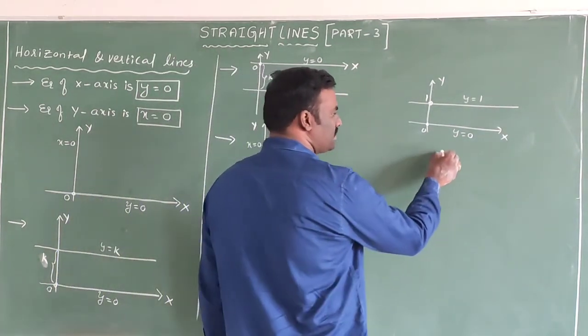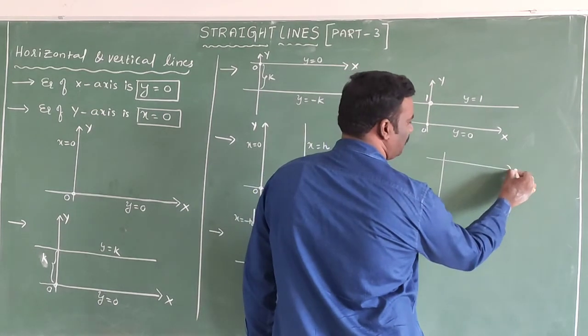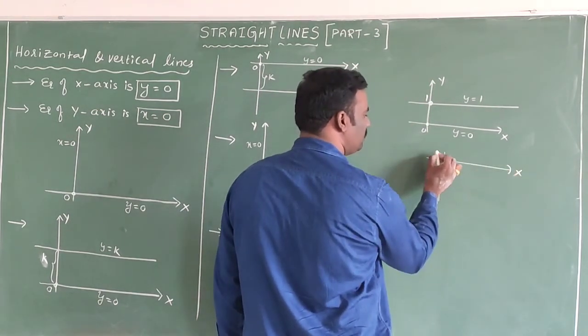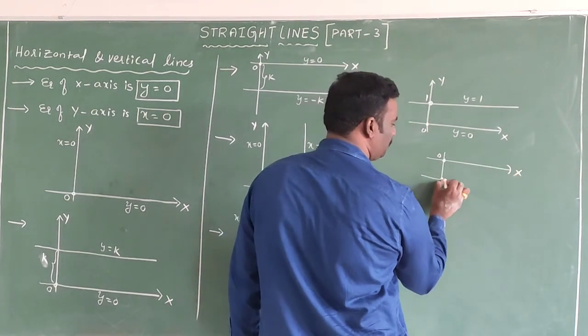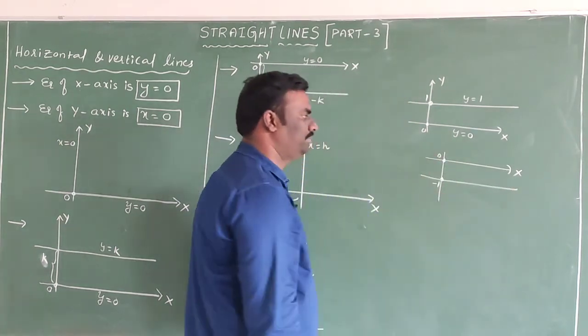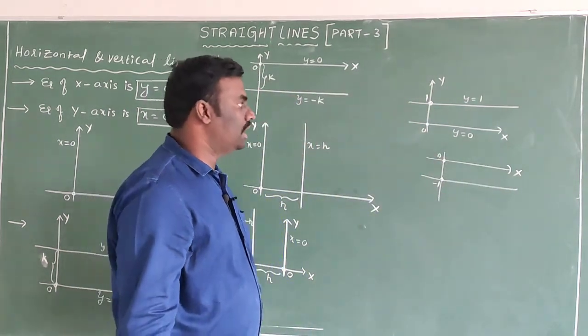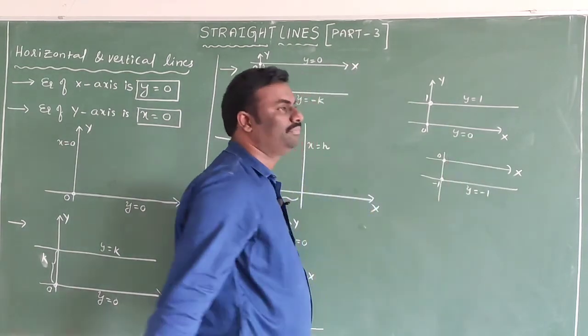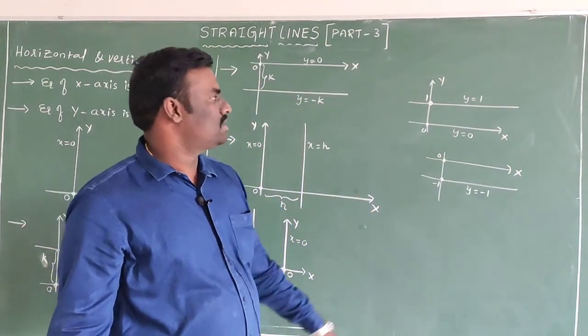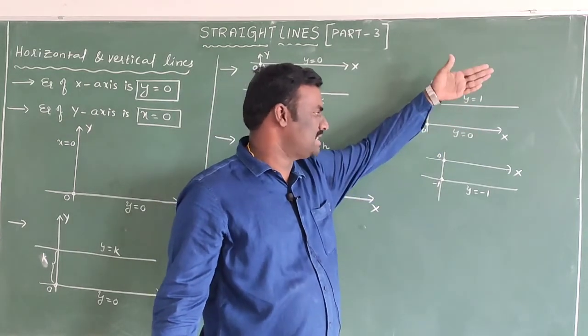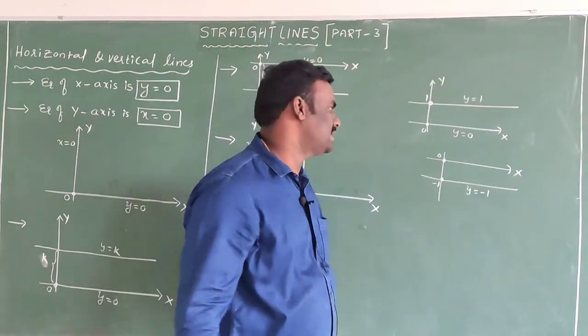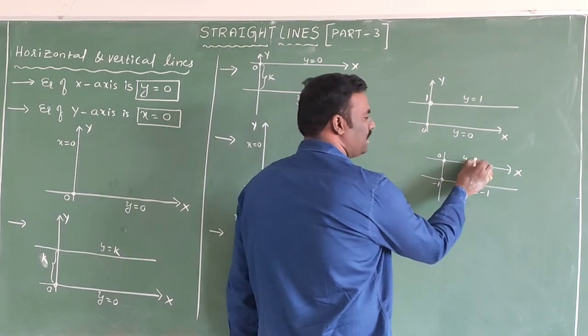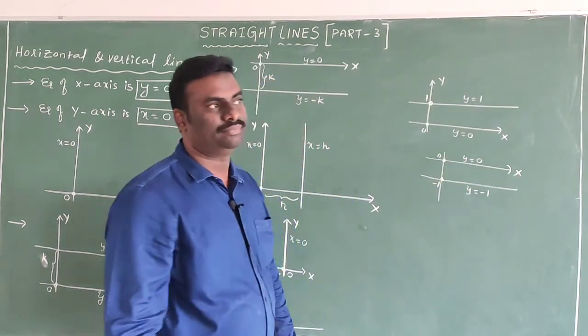For example, same they given, this is x axis and 0 and it is passing through minus 1. Now this equation is y is equal to minus 1. Why? Because this line is above the x axis, this line is below the x axis. X axis equation is y is equal to 0.